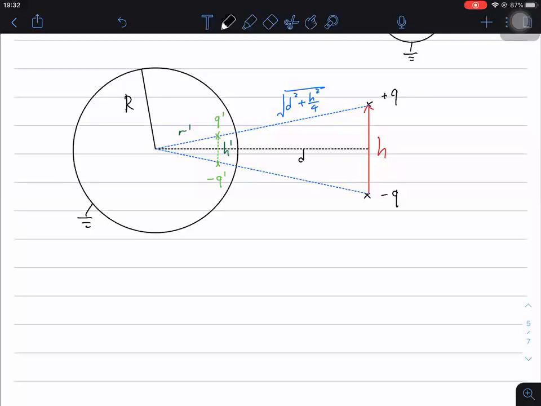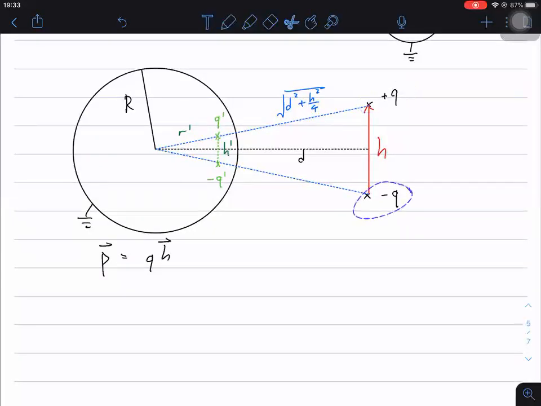First of all, we have to treat the dipole moment as two separate charges. We let P equal Q h, where we have two charges plus Q and minus Q, separated by a distance h, and the center of these two charges is at a distance d from the center of the sphere.